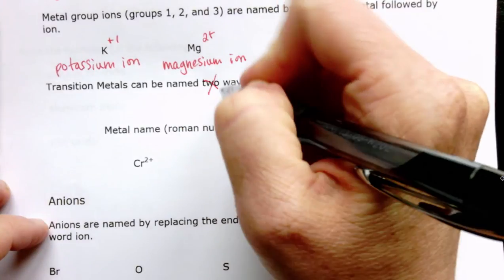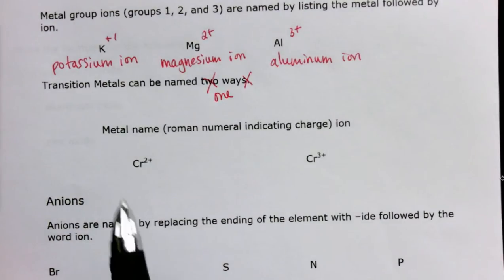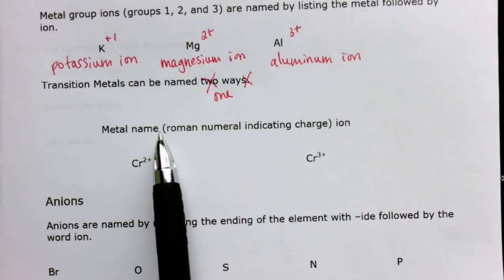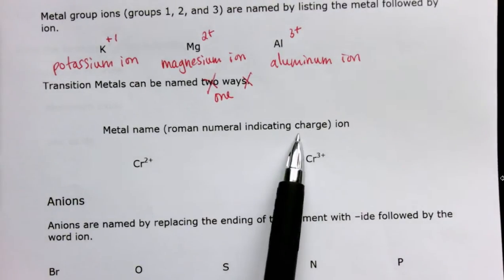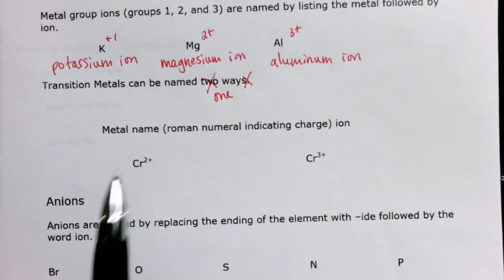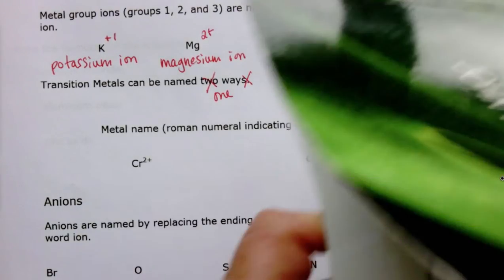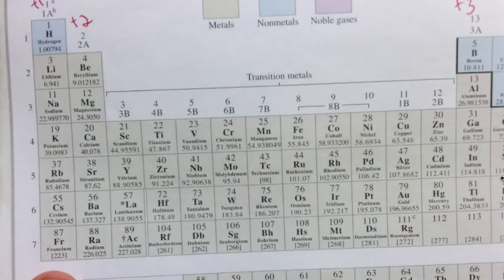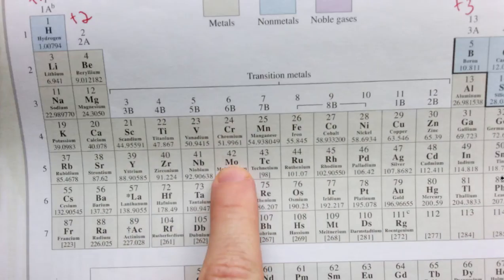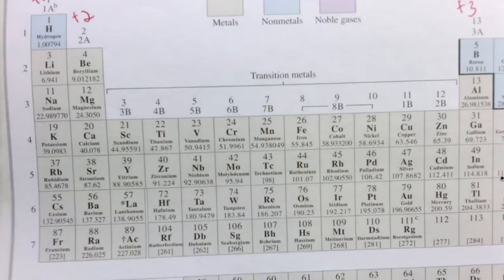The way that you name transition metals is just the metal name with a Roman numeral indicating the charge, and then ion. So this, chromium, is a transition metal, and I can verify that by going to the periodic table. Chromium is atomic number 24, so it is in the transition metals.